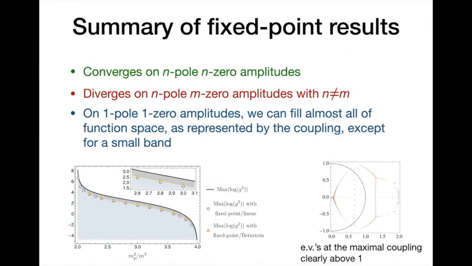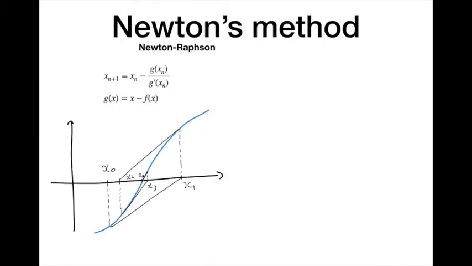I'm going to switch almost directly to the results of Newton's method, just explaining it in one dimension first. With Newton's method, you want to find the roots of a function, the point where the function is 0, x star. The function you look for the root of is g, defined by x minus f of x.